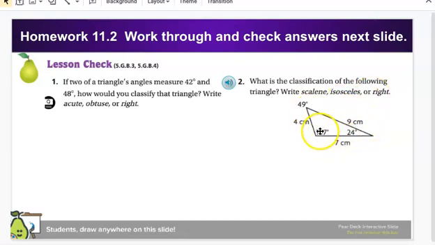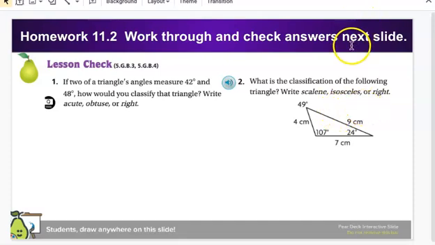You can't see it. There's no square. So is it scalene, where all the sides are different lengths, or is it isosceles, where 2 of the sides are the same length? Well, that's easy. Look, 4 centimeters, 7 centimeters, and 9 centimeters. Those lengths are not the same, so I know that it is scalene.